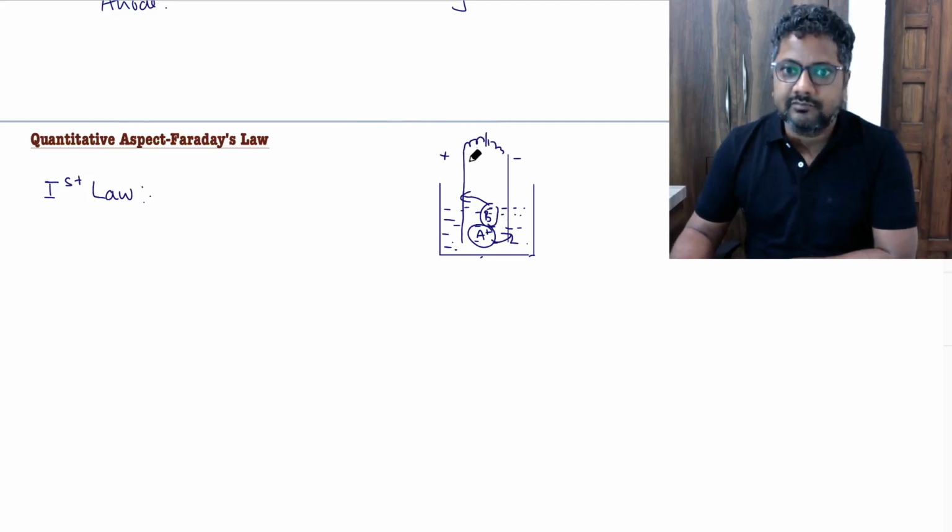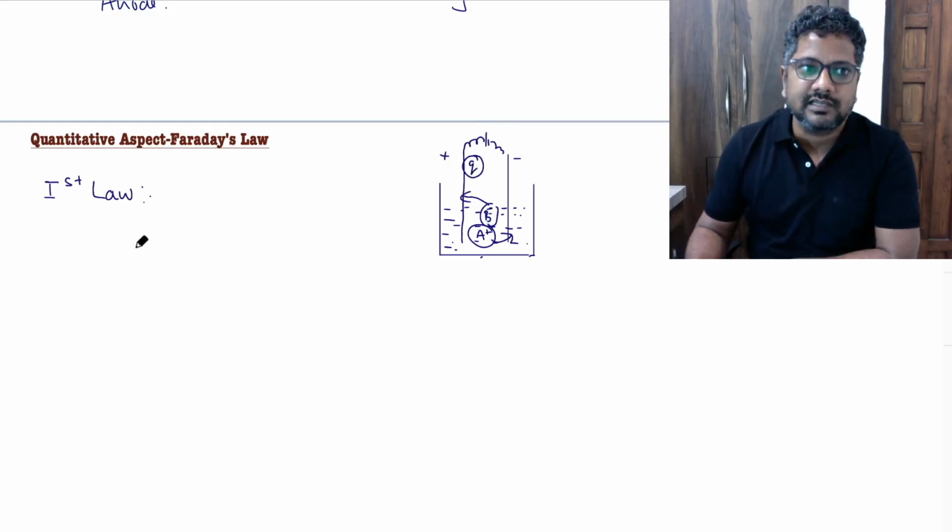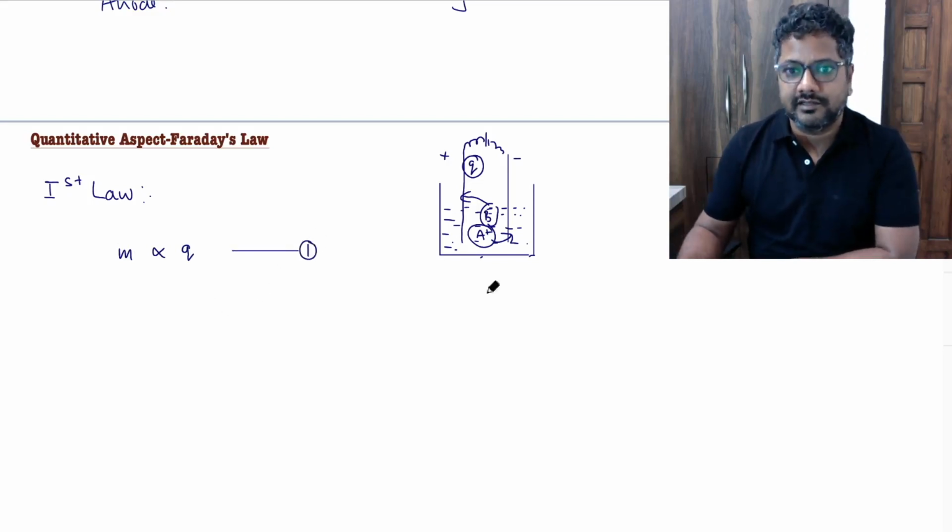So if we are passing Q charge from this external source, external battery, then the mass of the species deposited is directly proportional to Q, right? So this is the first quantitative relation of electrolysis, the quantitative aspect of electrolysis.